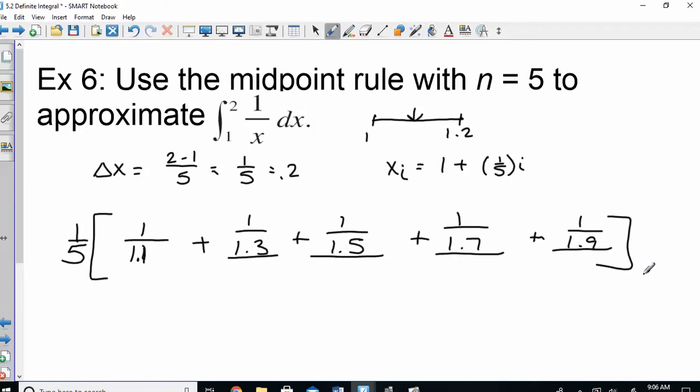So if your n is really big, it's easier to use the summation formulas, but if n is small, it's probably easier just to find the numbers and plug them in. So let's see what we get. Got 0.6919.